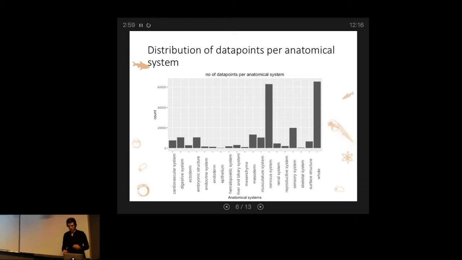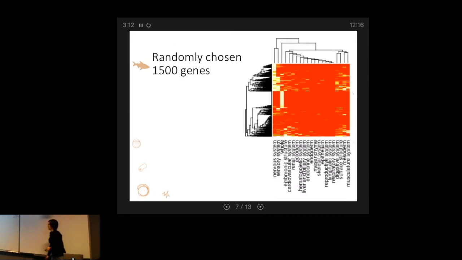So now that I've mapped all these anatomical terms into the system, I was able to build a hierarchy, to cluster all the genes according to the anatomical system in which these genes show expression. And then you get heat maps that look something like this, where you have, oh wait, now I really need a pointer. Yeah, okay. So here you have a cluster of genes that only show expression in the whole organism.